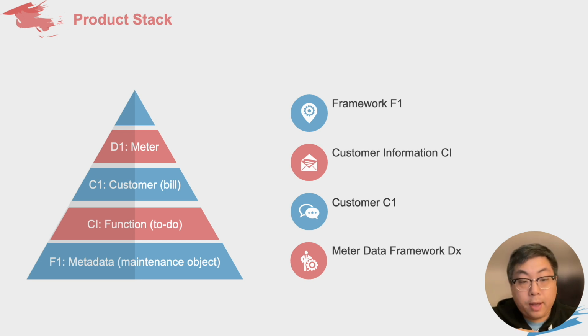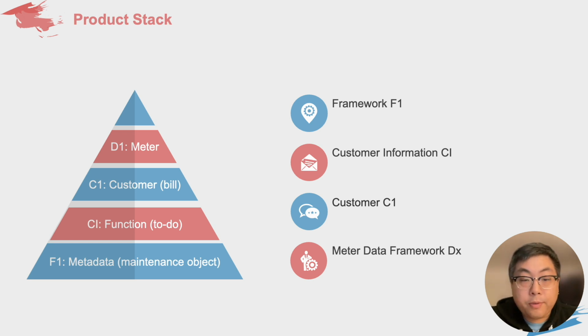Now above the F1 and the CI, these two layers, we're moving into the product layer. So C1 is a framework for the customer. So when you look at the bill, it's always the C1 bill and also C1 payment.